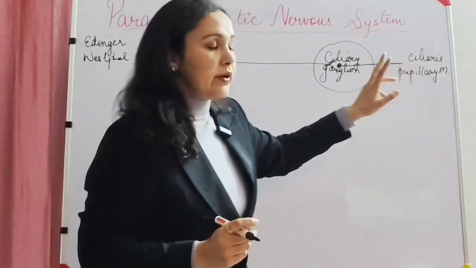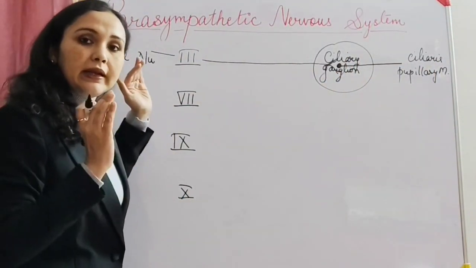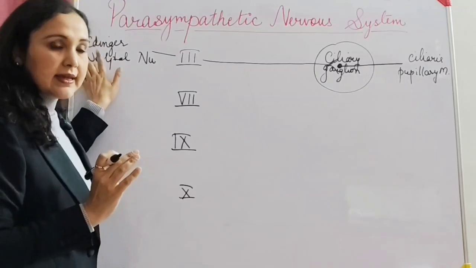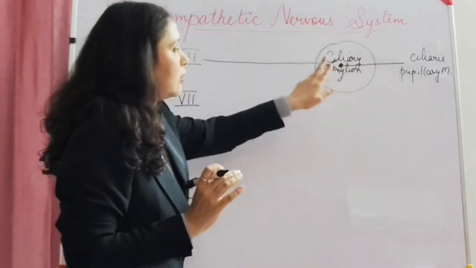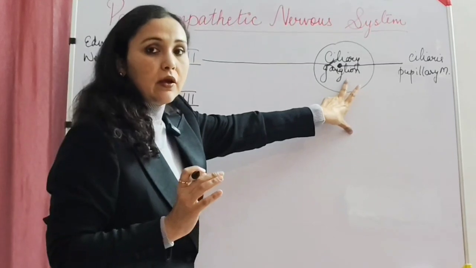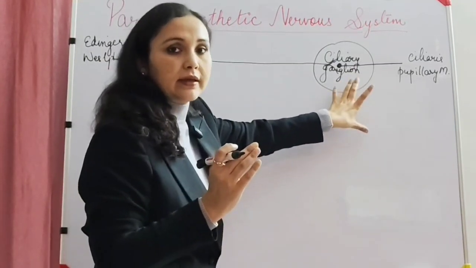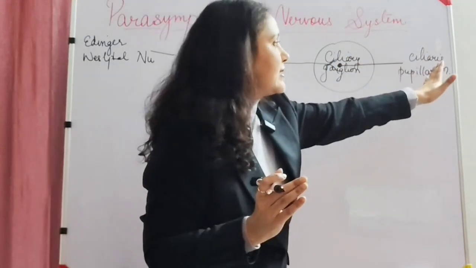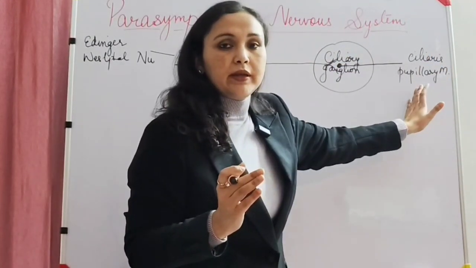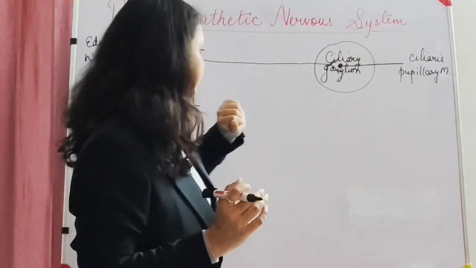What you have to remember is that there is a parasympathetic nucleus in the brainstem. The preganglionic fibers arise from it, go along the cranial nerve, and relay in a peripheral parasympathetic ganglion. Then the postganglionic fibers arise and supply the ciliaris and pupillary muscles, helping in accommodation and pupillary constriction.